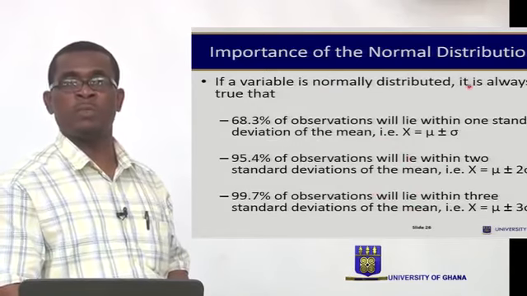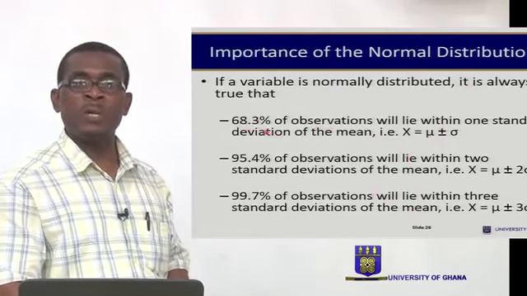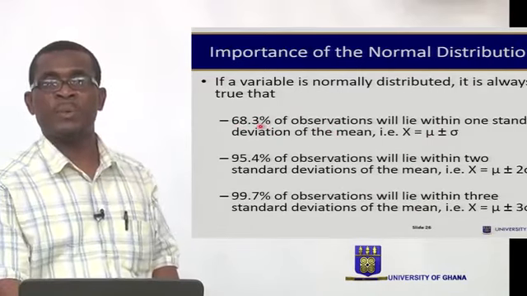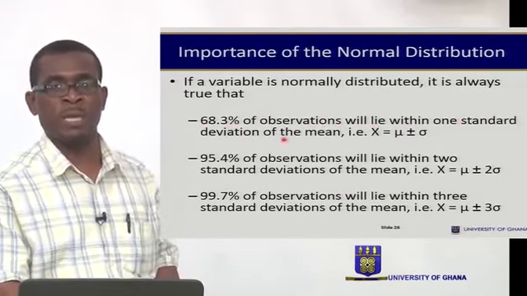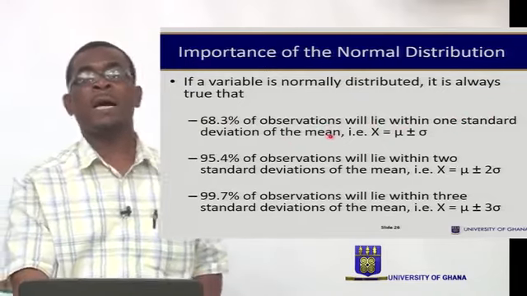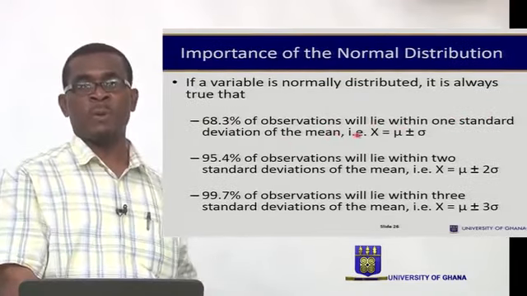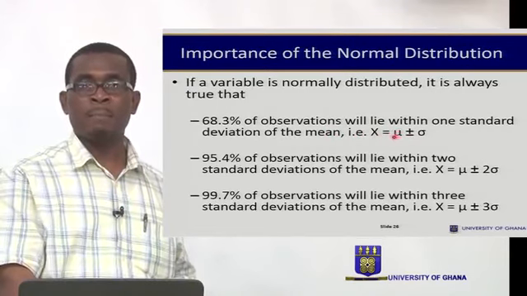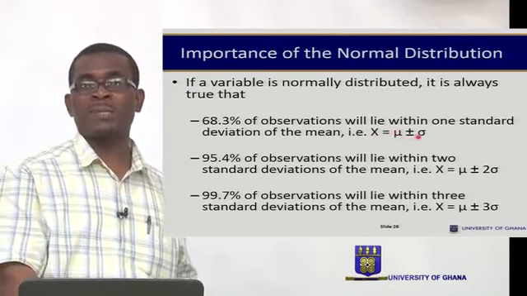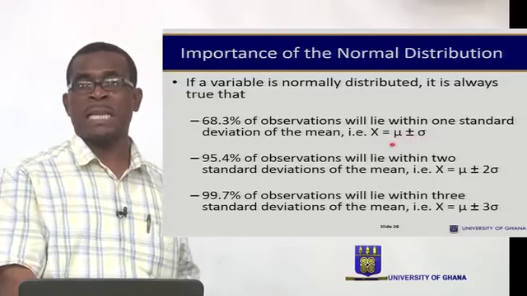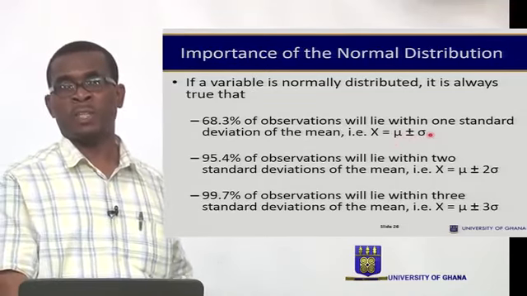We're saying that if any variable is normally distributed, then it is always true that 68.3% of the observations will lie within one standard deviation of the mean. In other words, when we say one standard deviation of the mean, we take the mean, which is mu, subtract one standard deviation from it, and then also add one standard deviation to it.